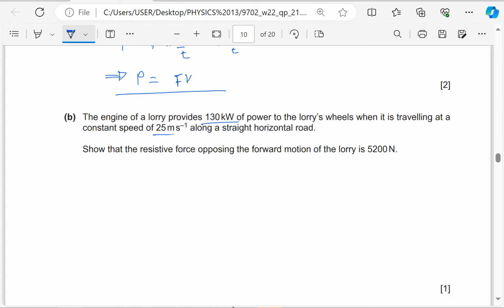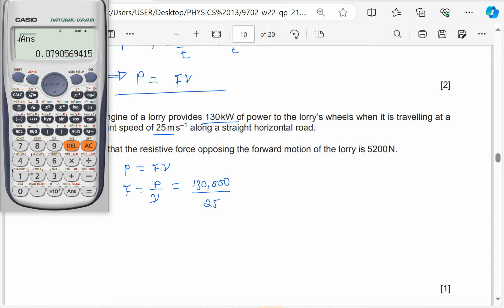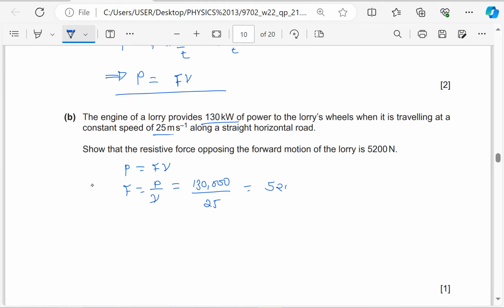So we have the power, we have the speed, and we have already seen that power is equal to force times V. So the resistive force is going to be the power provided by the engine divided by the speed V. So this is 130,000 divided by the speed, which is 25. 130,000 divided by 25 is 5,200 newtons.